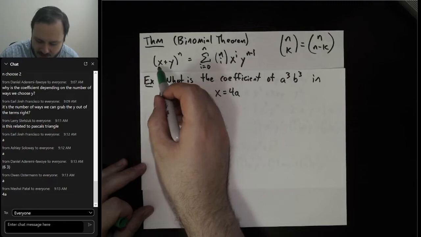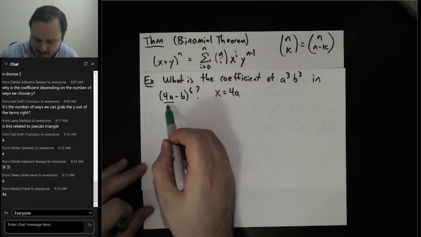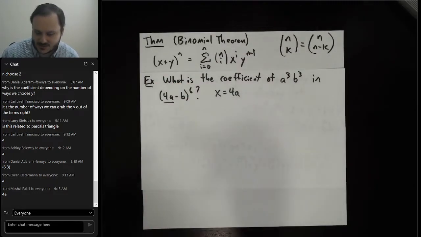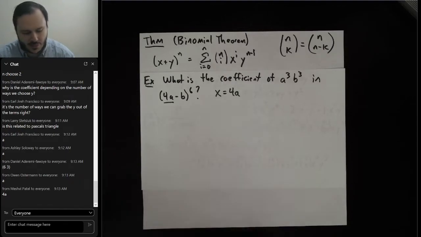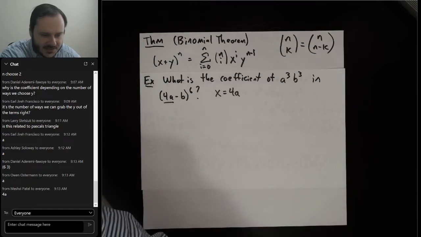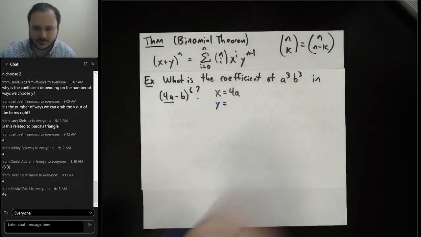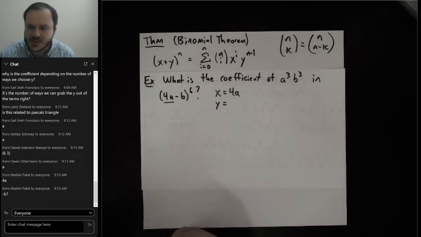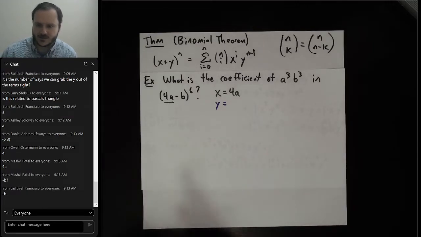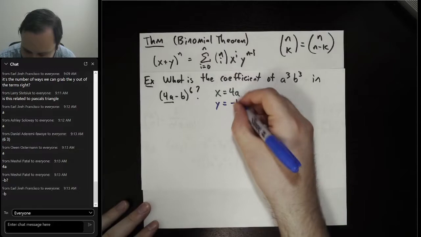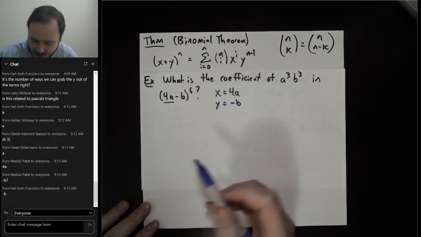Everything in this first spot is my x. What's my y in this case? Negative b. Really good. This is a plus sign.